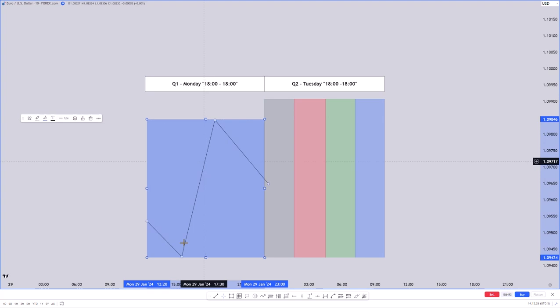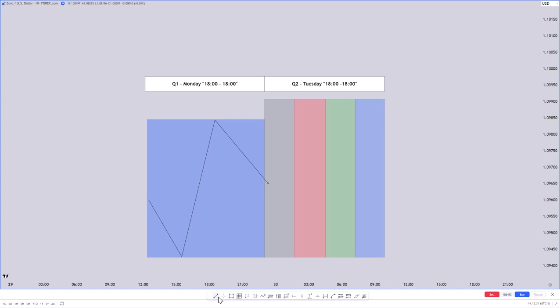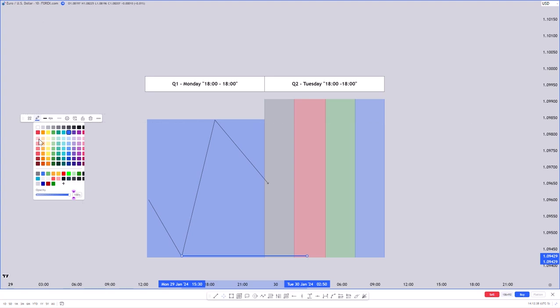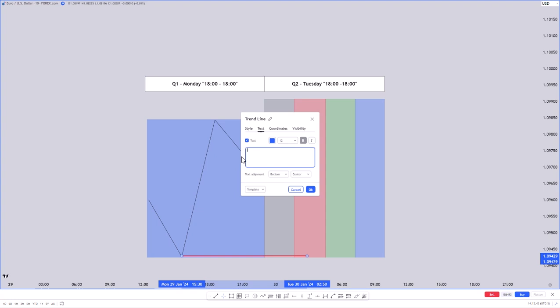Okay, perfect. So this range right here would be identified as the previous day low. If I increase this and make it red, we can say this range is the previous day low.